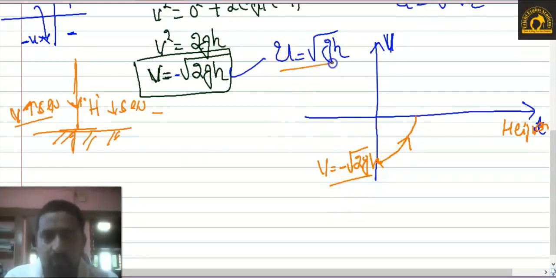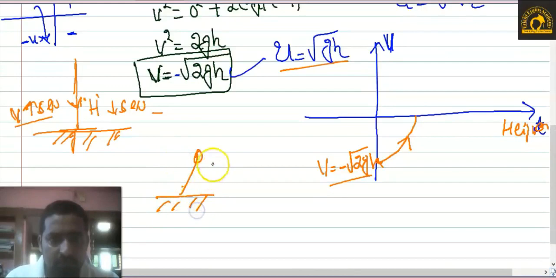Then for u, the velocity: in this condition, the height increases when it is bounced back from the ground. The height increases. Velocity is what?